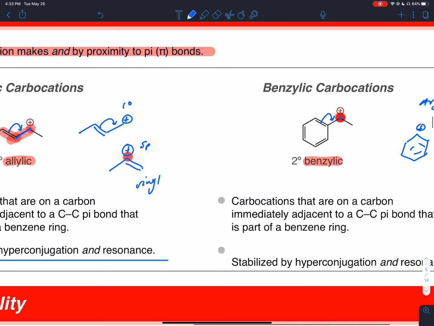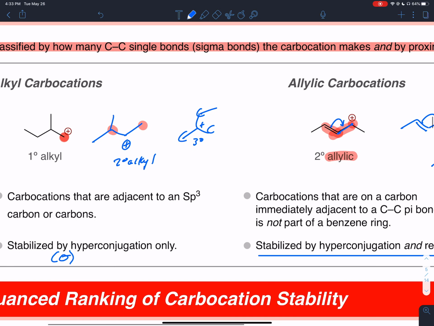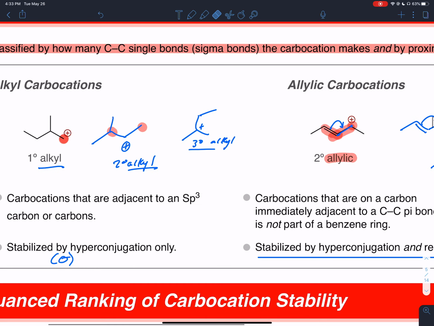Those are unstable species. And then if the positive charge is on a carbon that's just adjacent to sp3 carbons and there's no pi bond directly to that atom, we call those alkyl, okay? Primary, secondary, and tertiary alkyl. And you'll hear me use that terminology throughout the video series here as we talk about carbocations.